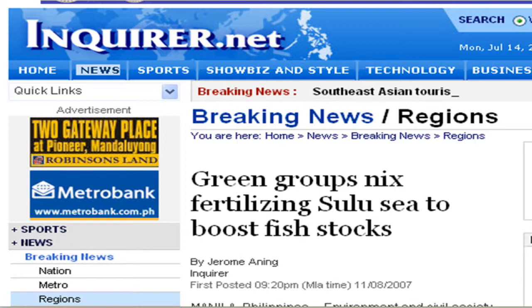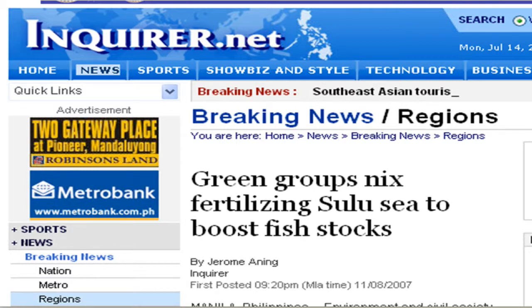to maybe boost fish stocks, or actually fertilize the sea to reduce carbon in the atmosphere. So there's that fertilization of the ocean to soak up your carbon dioxide in the atmosphere as your algae grow in the ocean.